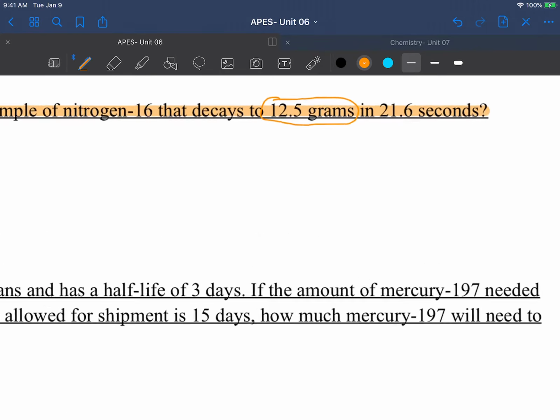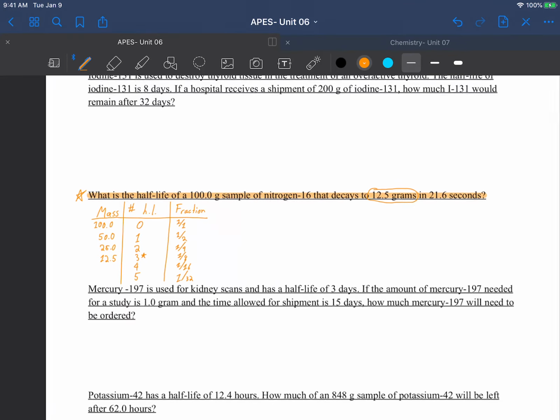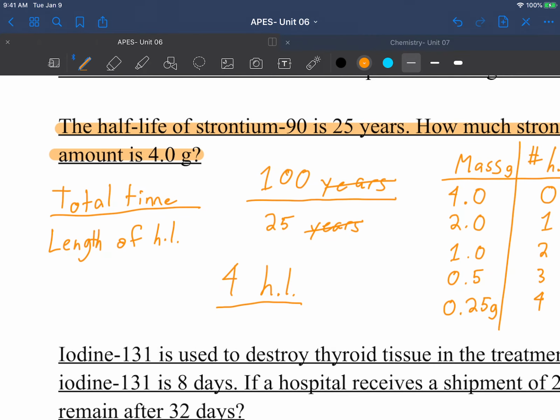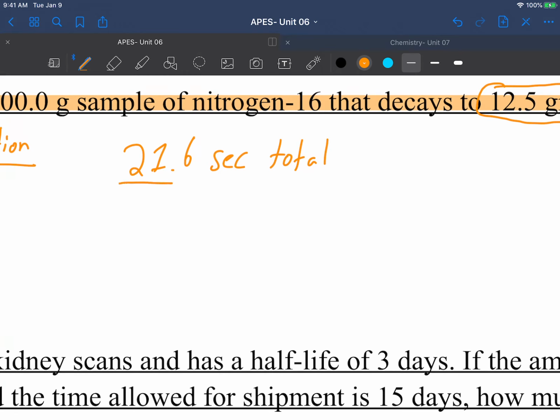Okay, well, 21.6 seconds total have gone by. 21.6 seconds total. And I know that in my equation, total time divided by length of half-life tells me number of half-lives.